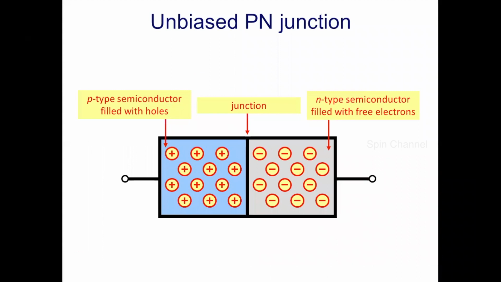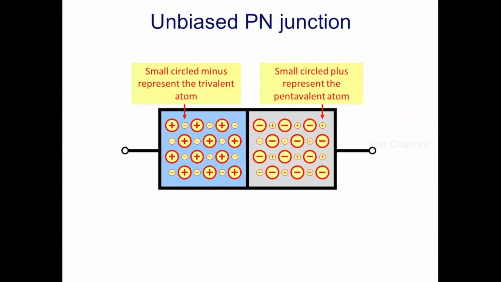The physical structure shows the majority charge carriers, holes, on the p-type semiconductor and the majority charge carriers, free electrons, on the n-type semiconductor. For better understanding, the small circled minus represents the trivalent atom on the p side, whereas the small circled plus symbol represents the pentavalent atom on the n side.